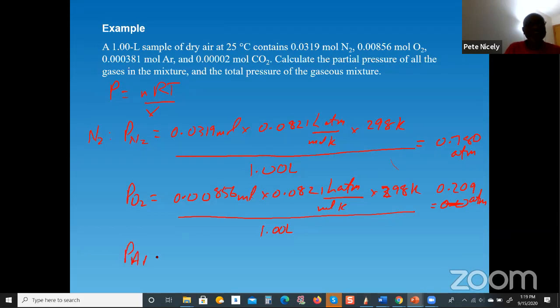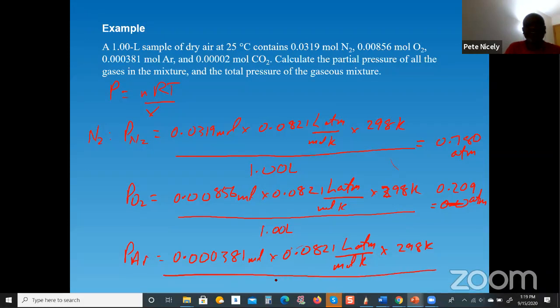And then we do the same thing for the third gas, which is argon. The pressure of argon would be equal to the moles, which is 0.000381 moles times 0.0821 liters atmospheres over mole Kelvin times the temperature, which is 298 Kelvin, all divided by 1.00 liters.